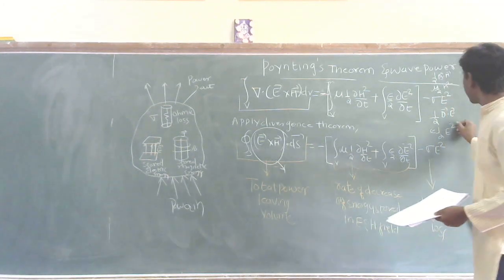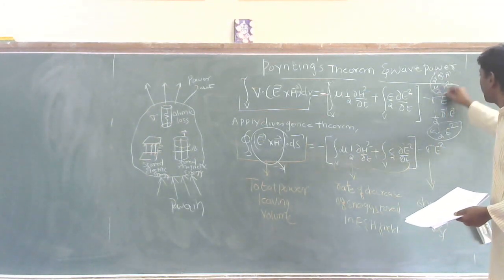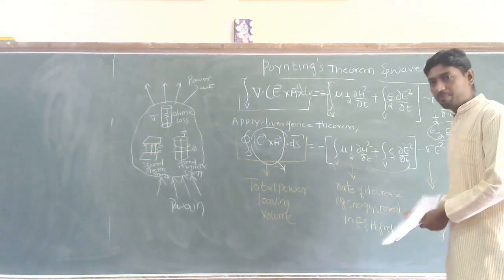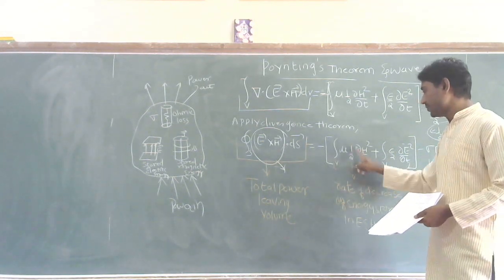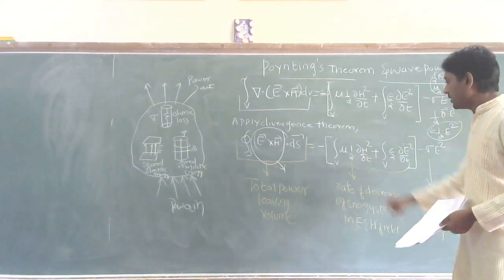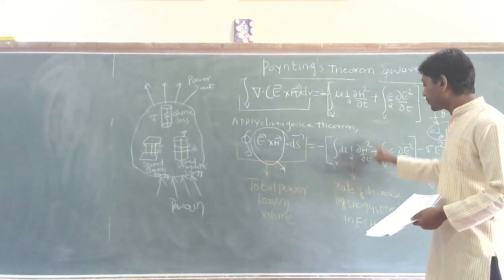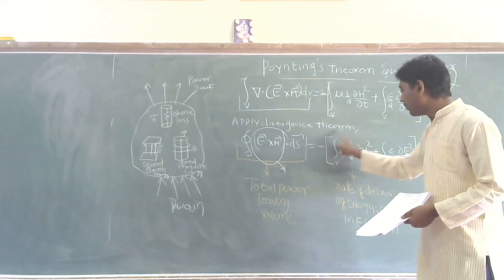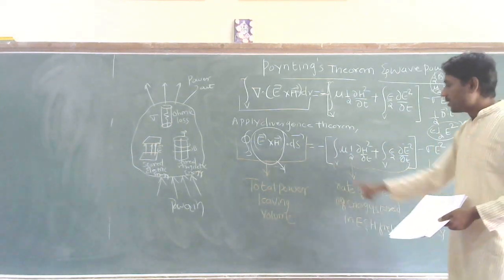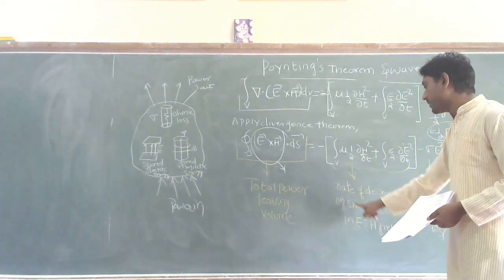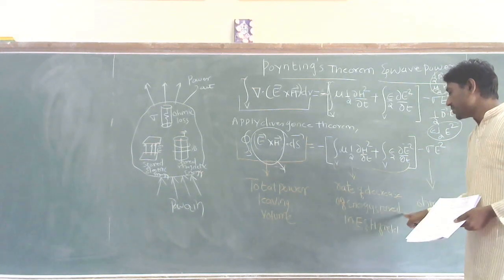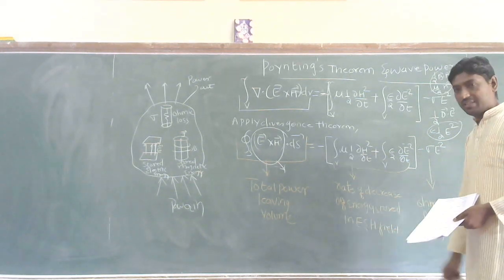These are energies. Now I'm speaking of power, so it is the rate of change. It is exactly 1 by 2 mu dou H square by dou t, and because of this minus sign, it indicates a rate of decrease of energy stored in the E and H fields.